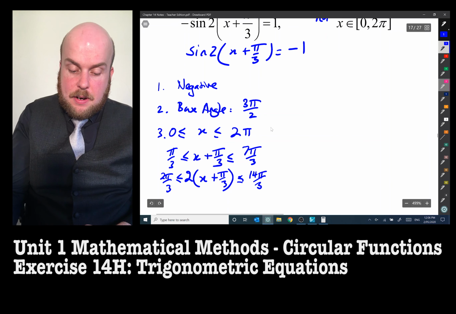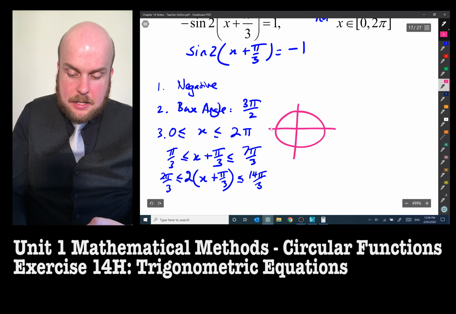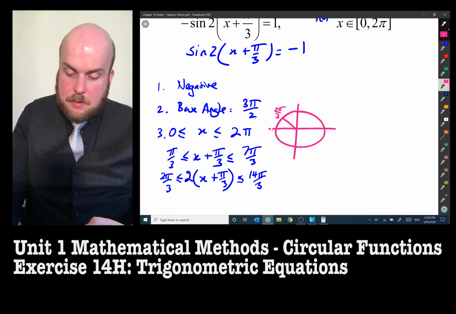So from a very visual point of view, we'll be starting to look at solutions from 2 pi on 3, so it's about from here, all the way to 14 pi on 3.